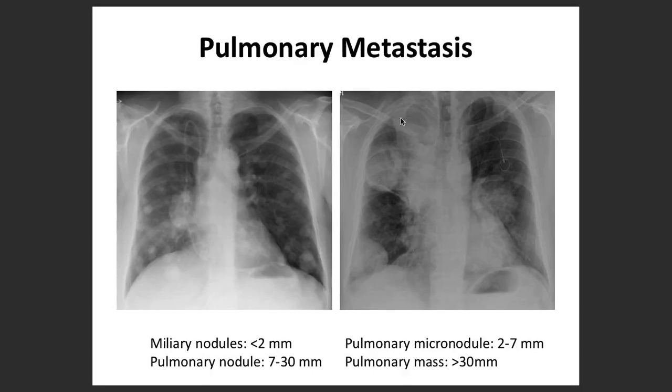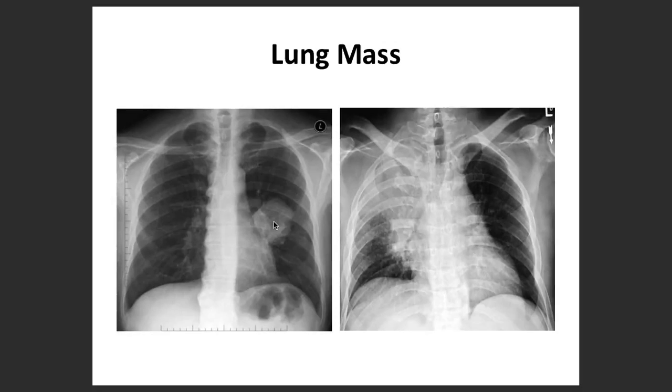The masses are huge, mega masses, and over here are miliary small nodules and pulmonary nodules as well. These are signs of pulmonary metastasis. If you again see miliary nodules, pulmonary nodules, or pulmonary masses, it should be a red alert, and you should alert not only yourself but also the patient.